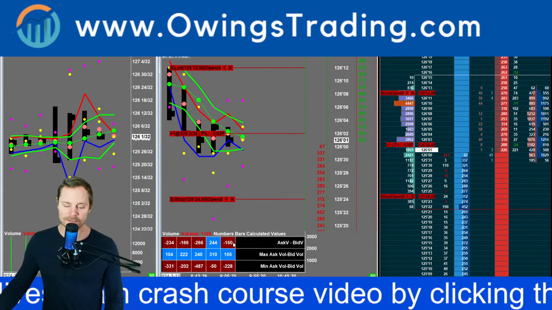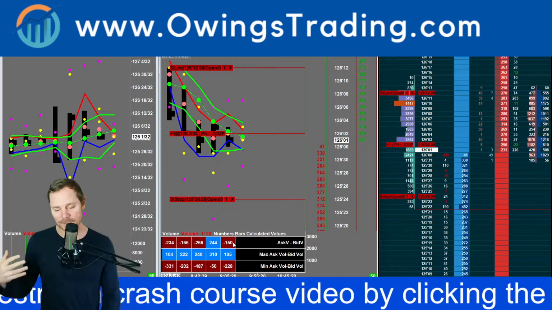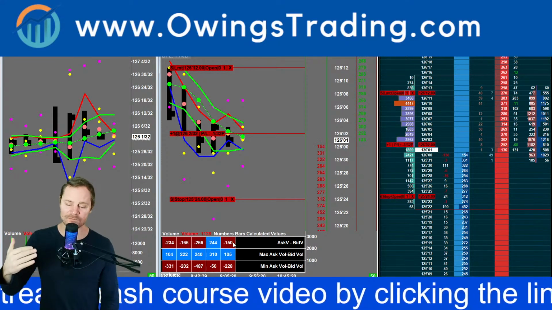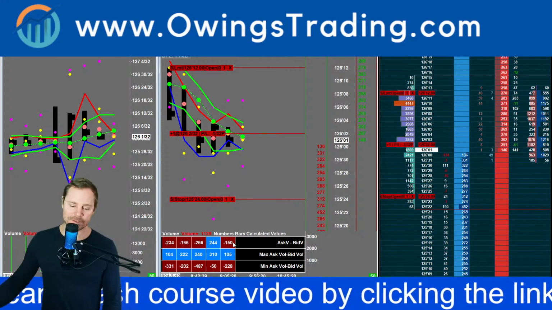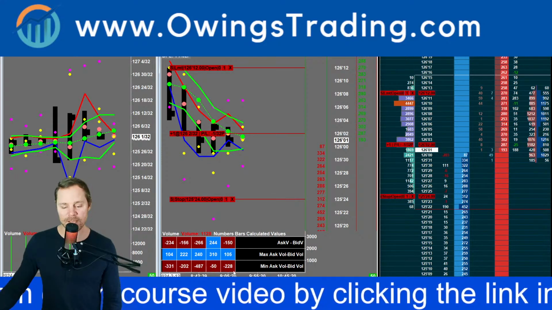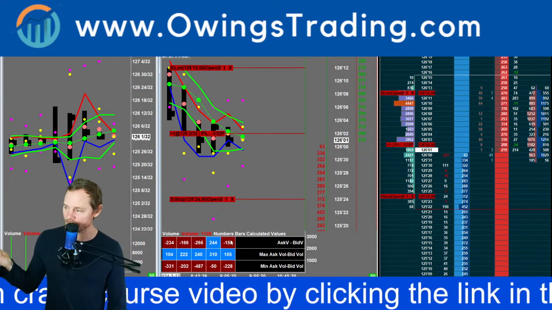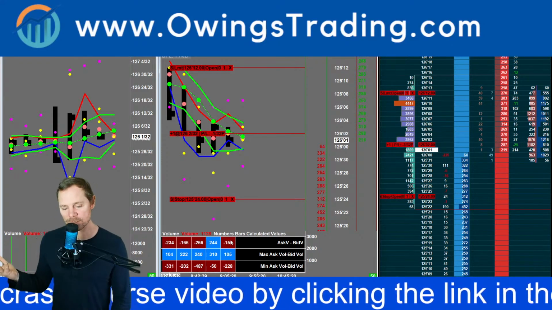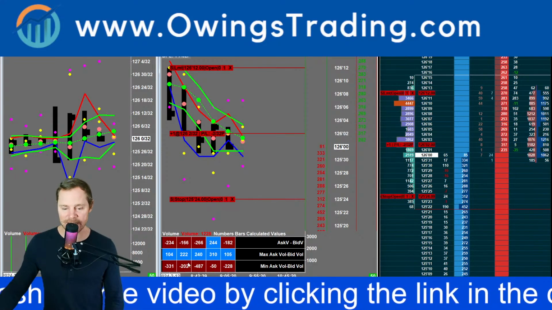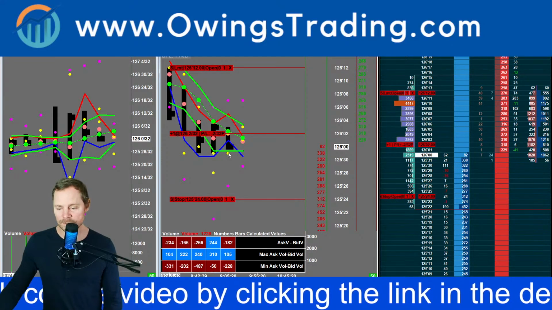If you see a large minimum, like at one point down here it was minus 500 red, but then it closes minus 150 red, that tells you there was a lot of absorption there at that support level. So you can use the delta and the pulling and the stacking to help. So we'll see. I don't know if this is going to be strong support, but we'll watch it.